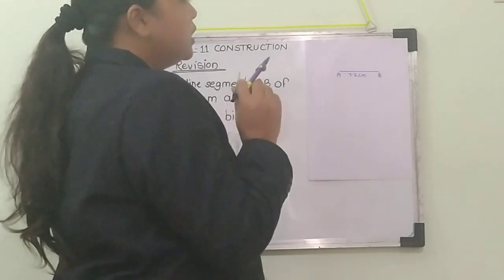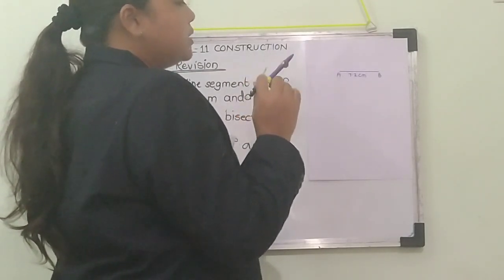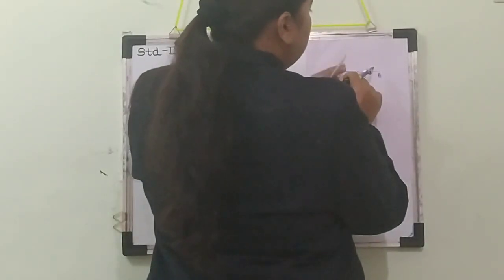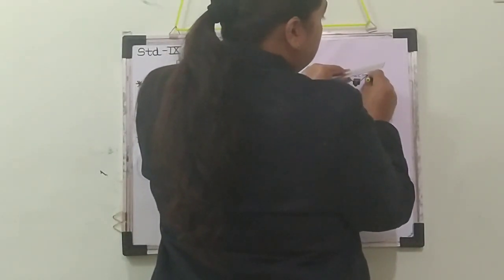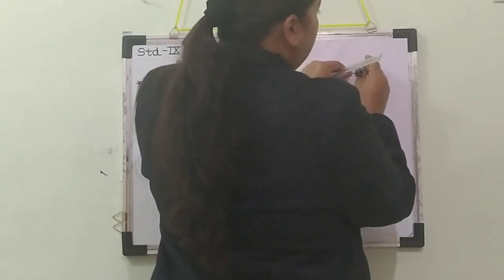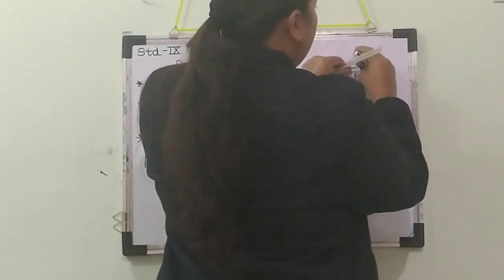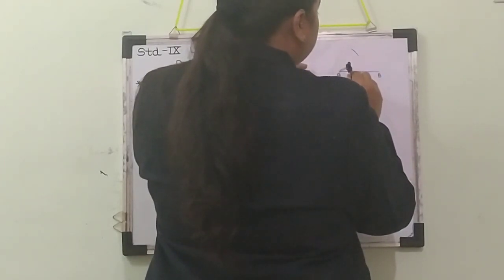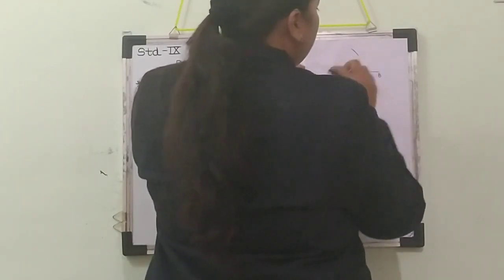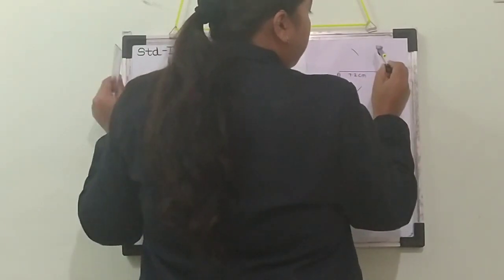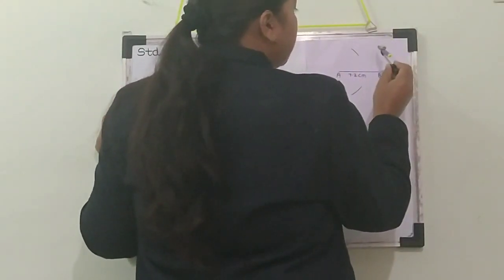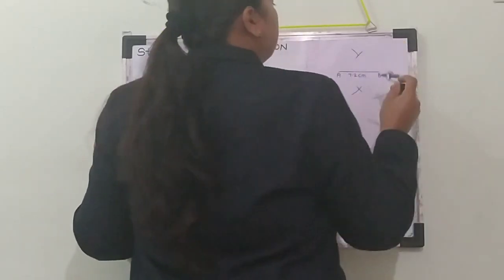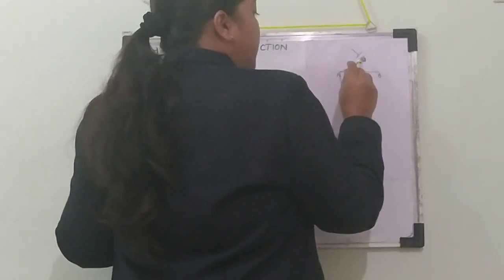So first we take in our compass more than half the distance. Suppose here I am taking more than half the distance and draw the arc up and down. From point B, with the same distance, we mark the arc up and down.